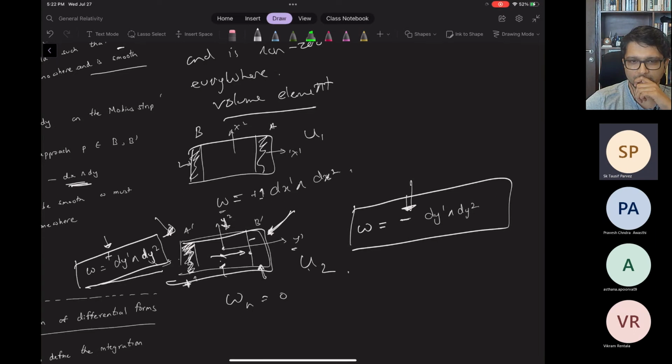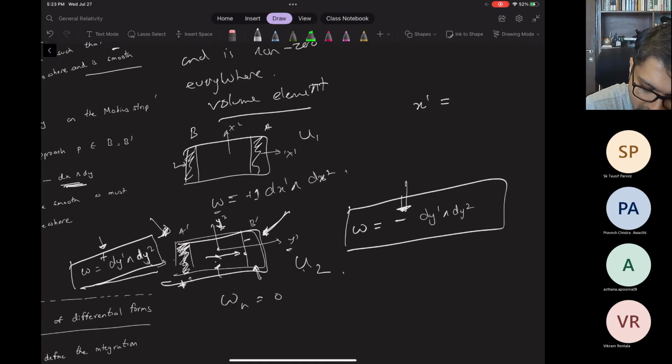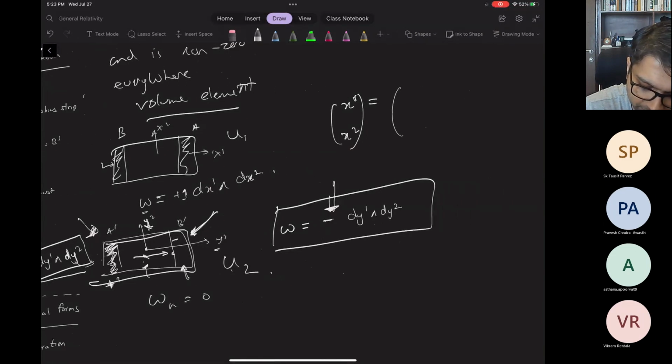Sir, why should omega be minus dy1 wedge dy2 for the B prime region? Okay. So we've seen that x1 and x2 were related by this quantity, something like this, ignoring the y1, y2, plus some constant.